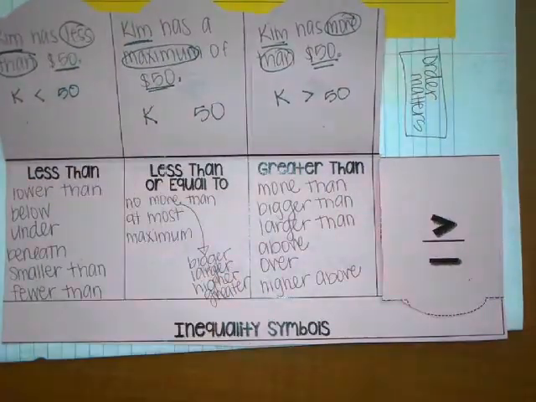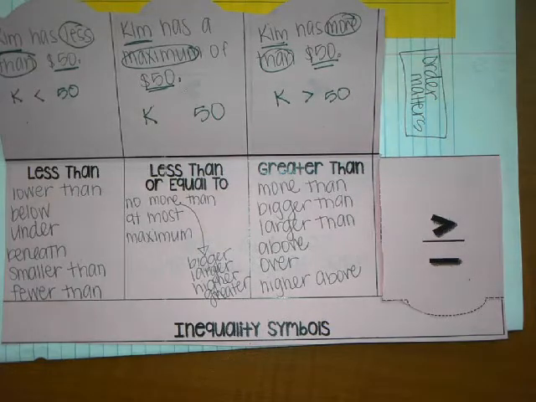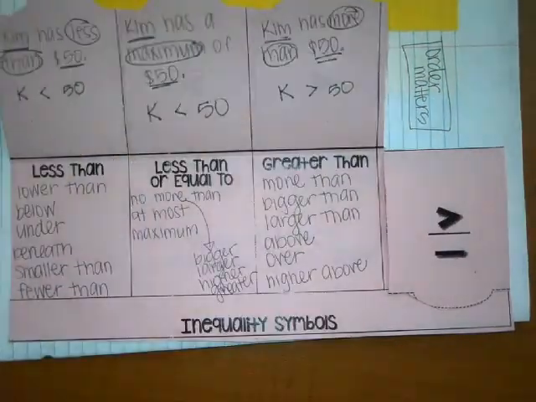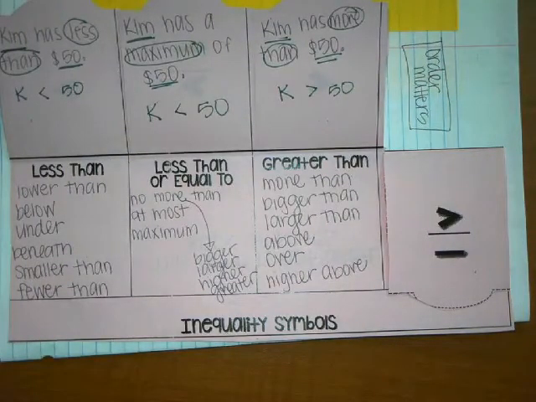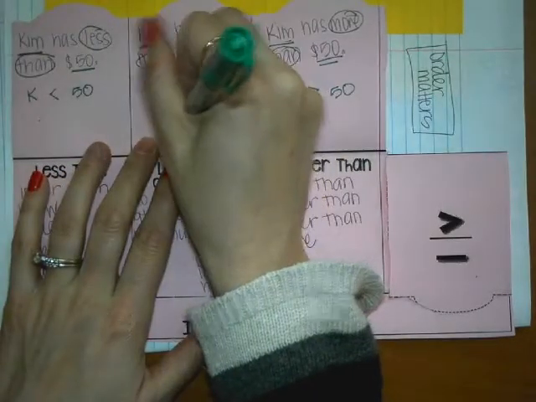Okay, so when I say maximum, if it's not right away off the top of your head, think about it. You have a maximum of $50, okay? Can you have more than $50 or less than $50? So if you can have less than 50, you put a less than sign. Can you have $50? So if you can, that's when you add the equal to sign.